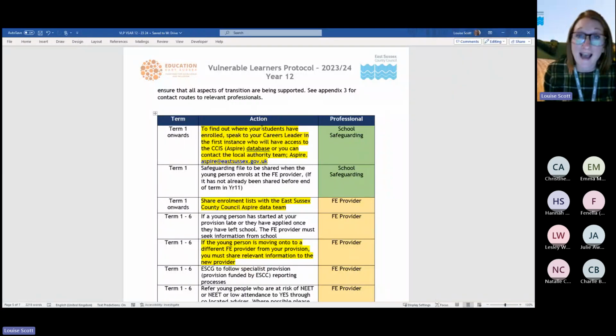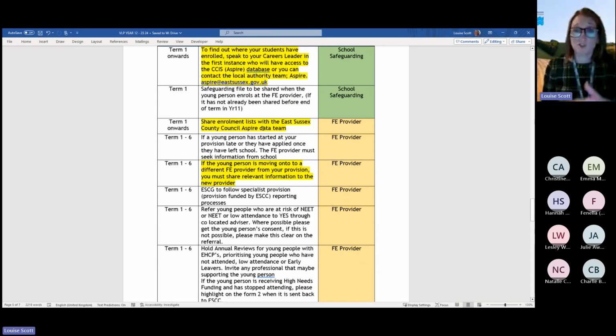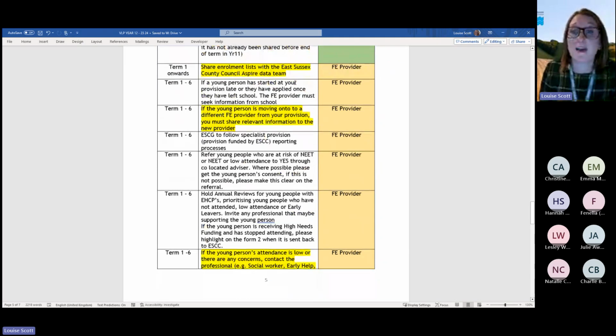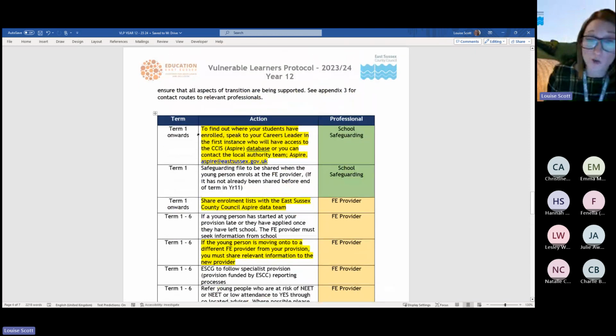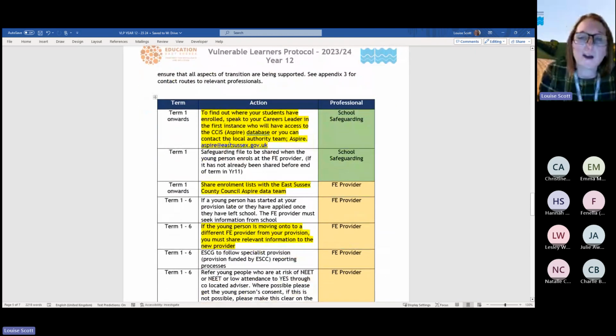The year 11 actions on the table, that the year 11 has the most on there. And as you can imagine, on the year 12, most of the actions sit with the further education provider rather than the school. So just to highlight a couple here, I've highlighted the school safeguarding from term 1 onwards.